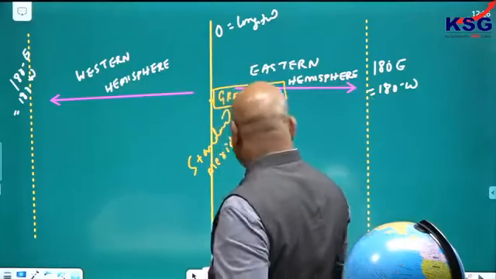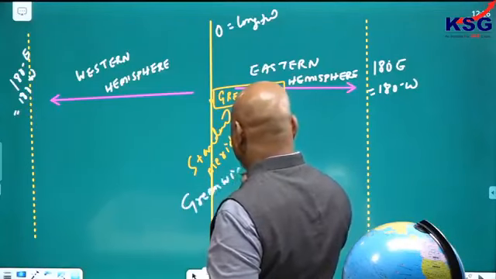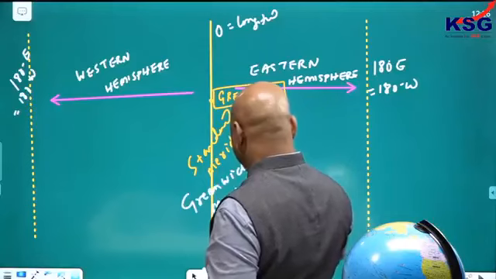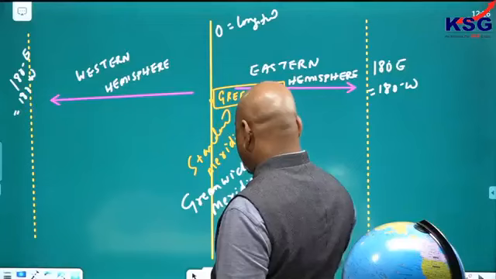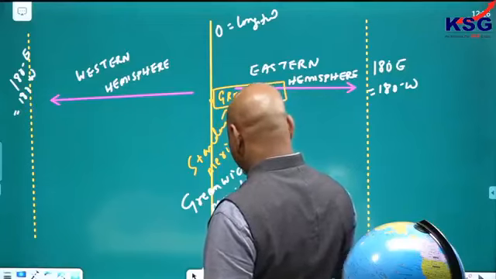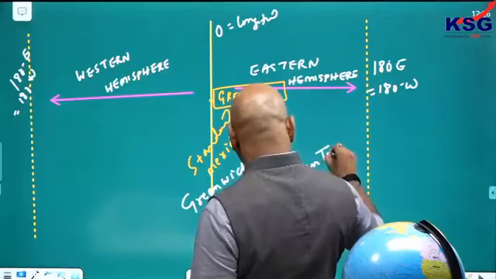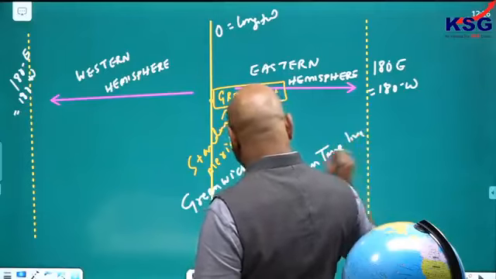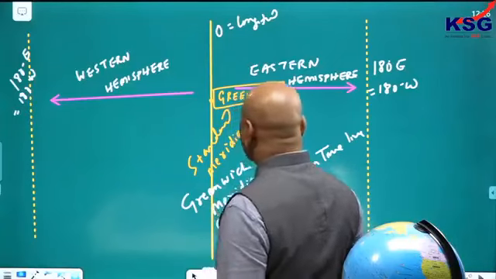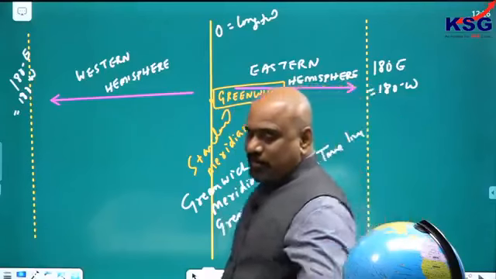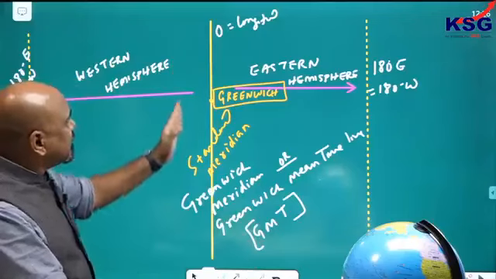So it is known as the Greenwich Meridian or Greenwich Mean Time Line, or GMT. This is 0 degree, because we generally calculate time from this 0 degree.